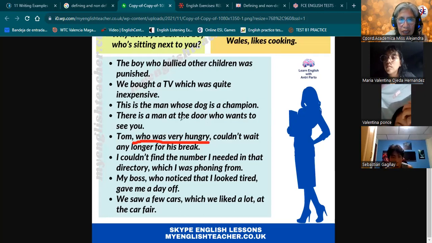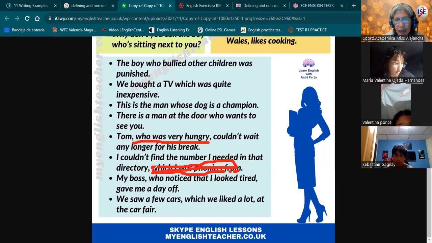Okay, let me see if I find one at the end. Here is one at the end. I couldn't find the number in that directory, which I was phoning from. That's talking about the directory, but if I eliminate this, it makes sense.